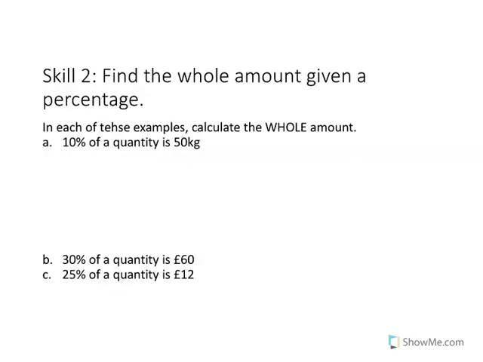Skill 2, find the whole amount given a percent. In each of these examples, calculate the whole amount. So 10% of a quantity is 50. We're saying that 10% is equal to 50 kilograms.